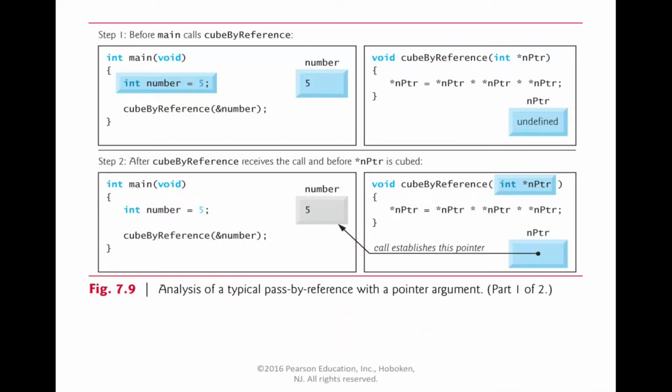If we do this by reference, number is 5. n pointer is undefined in cube by reference. When we call cube by reference, n pointer establishes a pointer to the memory location where 5 is stored.